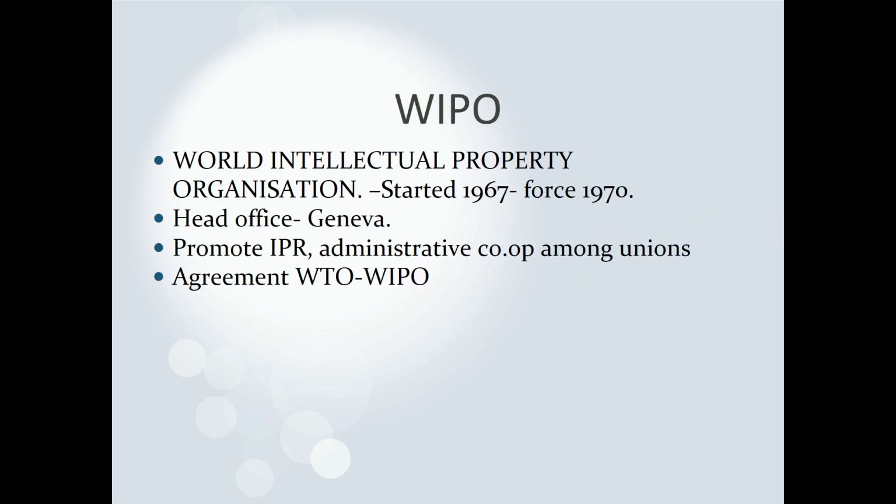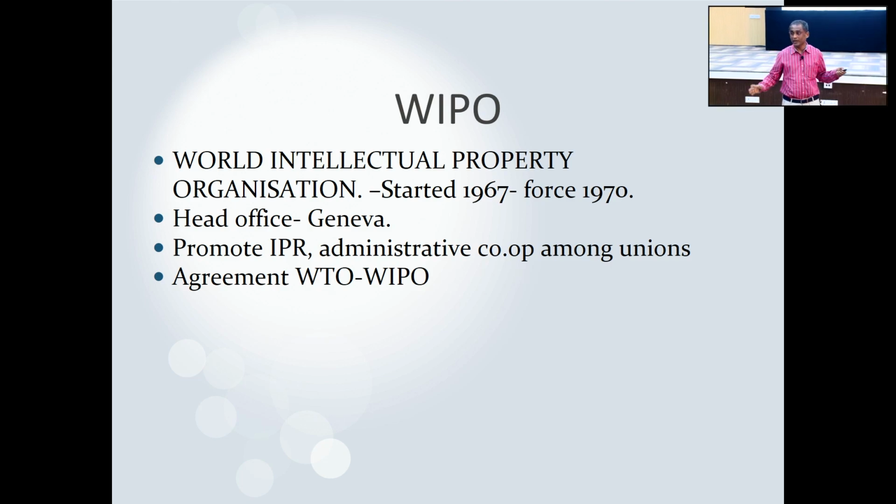And WIPO, World Intellectual Property Organization: even though we work under the Ministry of Commerce and Industry, the guidelines on how intellectual property rights should function are given by WIPO, whose head office is at Geneva. The main thing is to promote IPR and administrative cooperation among the unions.